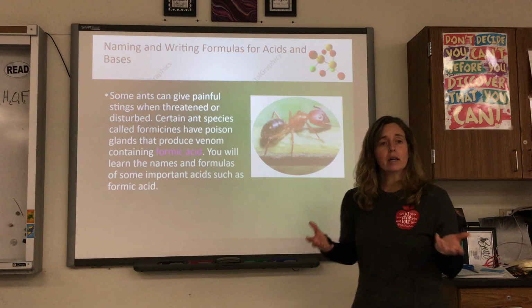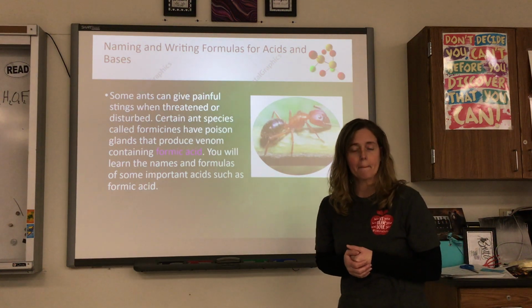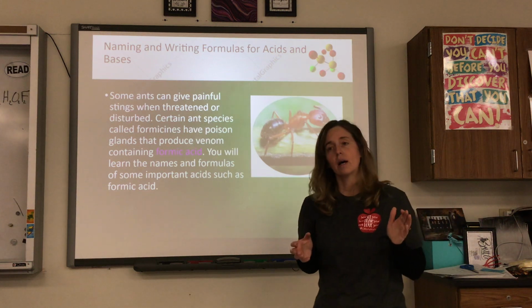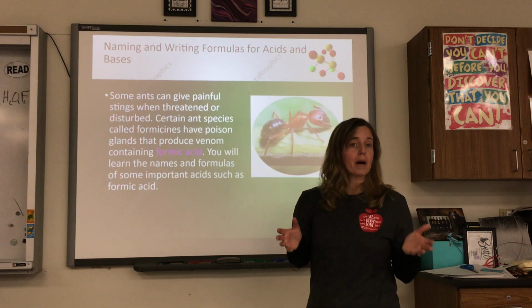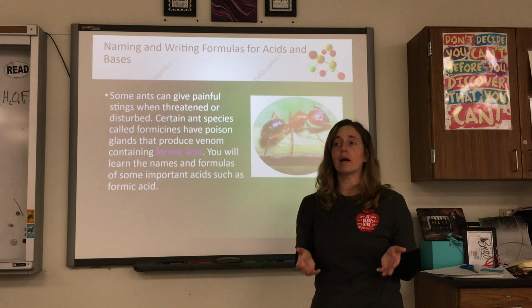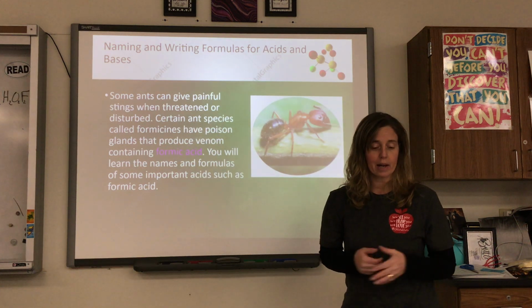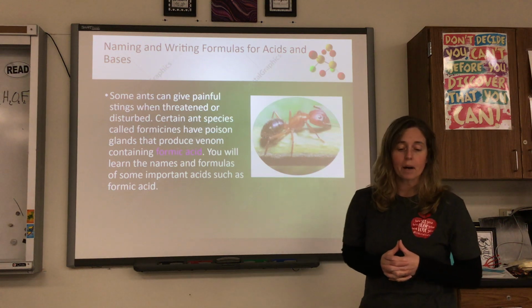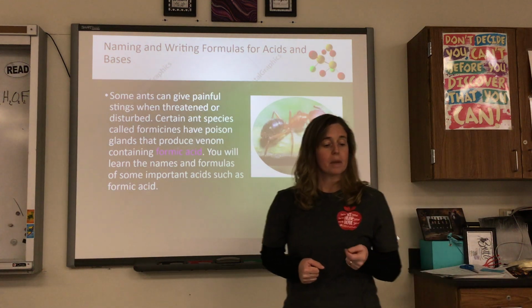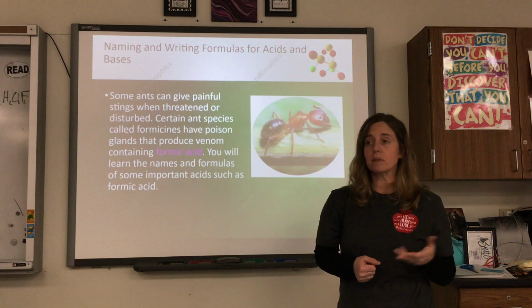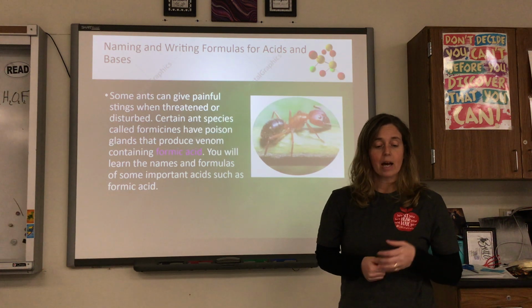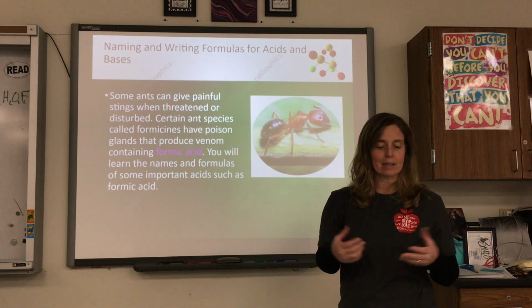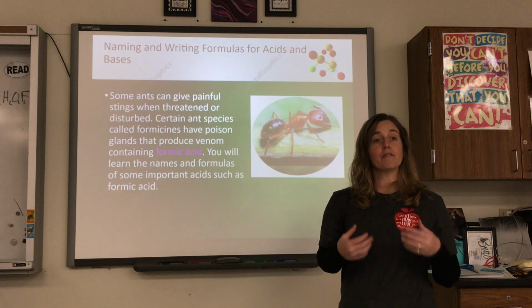So talking a little bit about acids, have you ever been stung or bitten by a fire ant? It is incredibly painful if you've ever had that happen. Ants can give off painful stings when threatened because the ant species is called formicines, and they have poisonous glands, and they produce a venom containing formic acid.